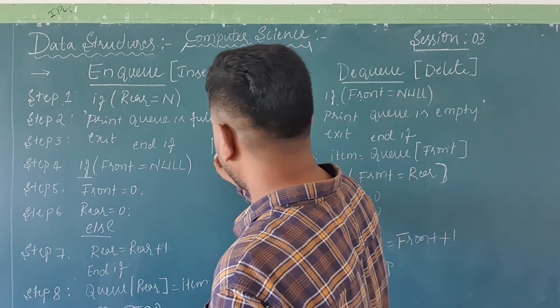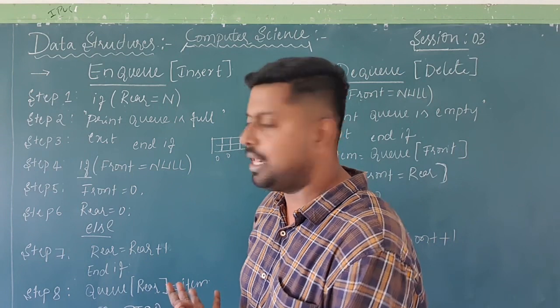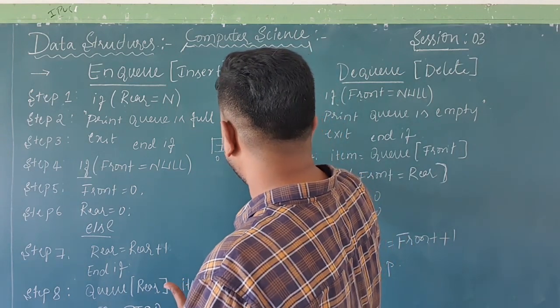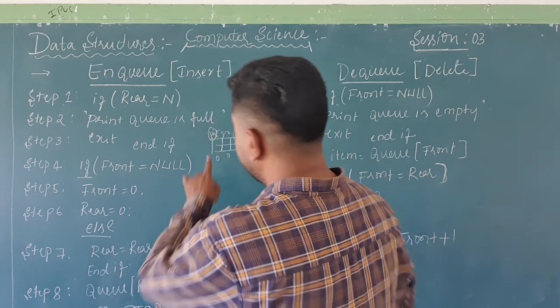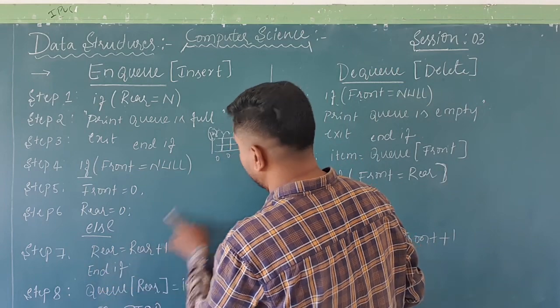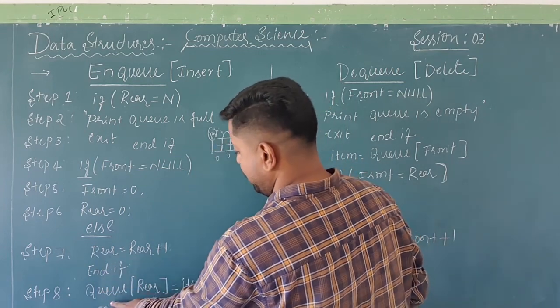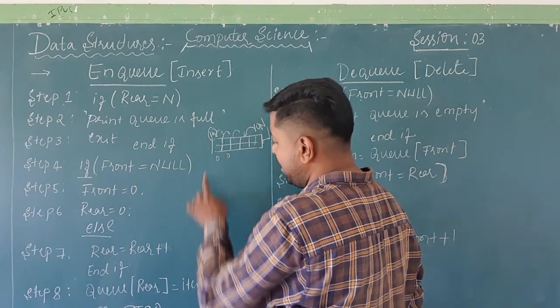For example, front is 0, rear is also 0, means now that queue is empty. Now adding a new element 10 comes to this position like this. Now the 10 is added. This is the element 10 added by the rear end. That is rear is equal to rear plus 1 and Q of rear is equal to item, which is 10. Now the new element is added.